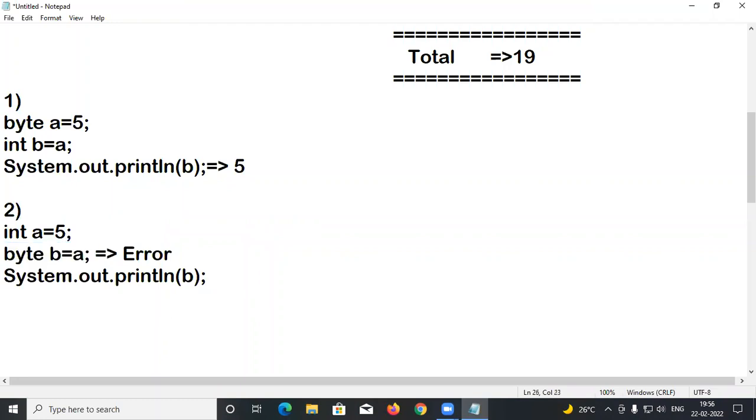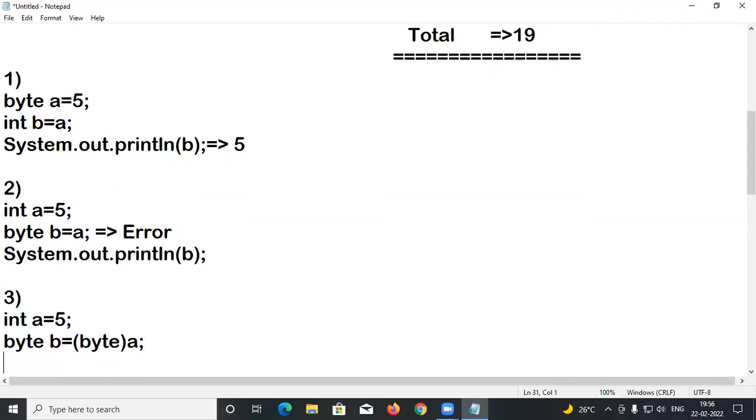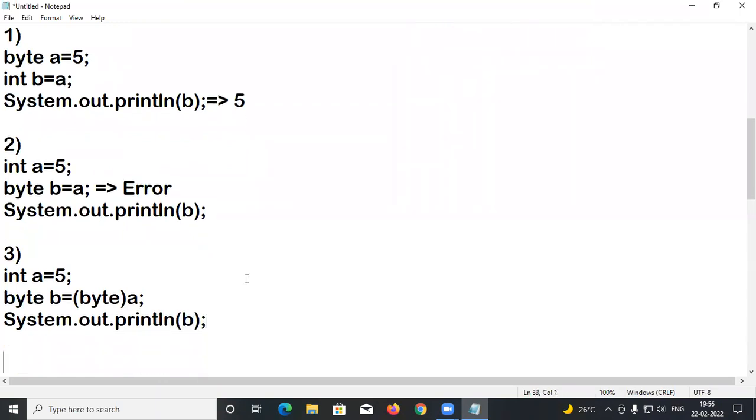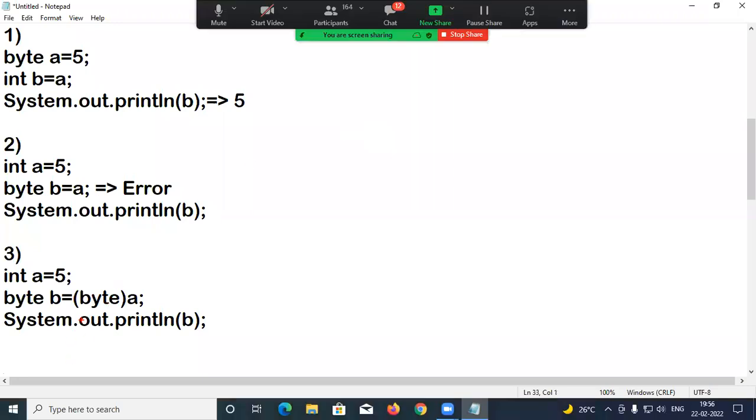Now, this error we can solve. How to solve? See, int A equal to 5, byte B equal to, just in brackets, you write byte, then it is valid. If you write like this, it is called explicit type conversion.